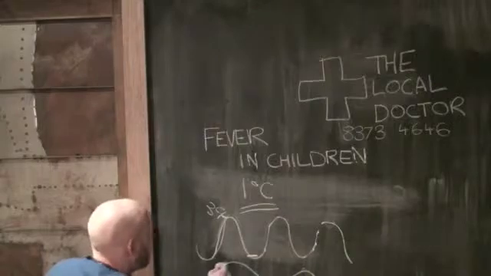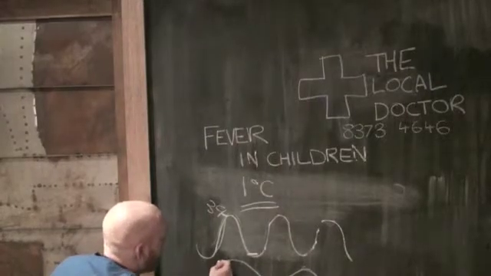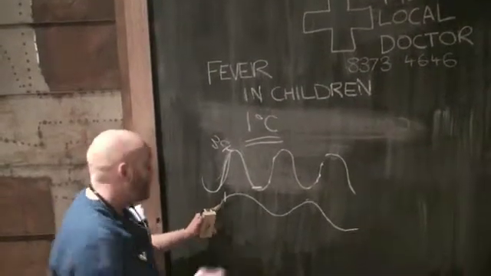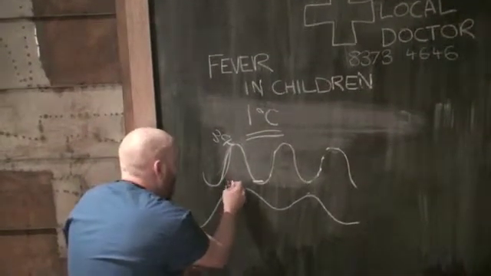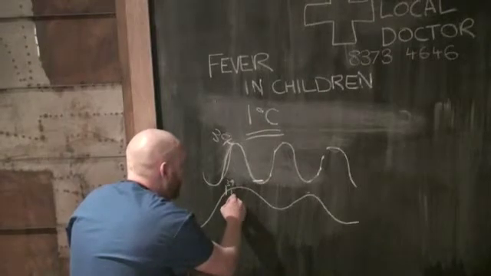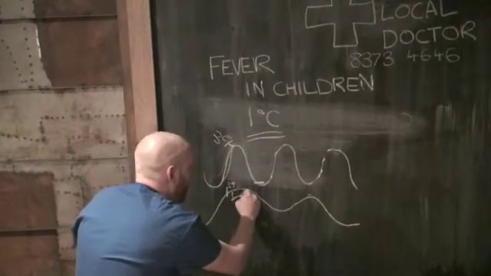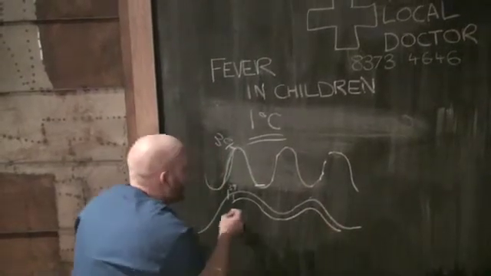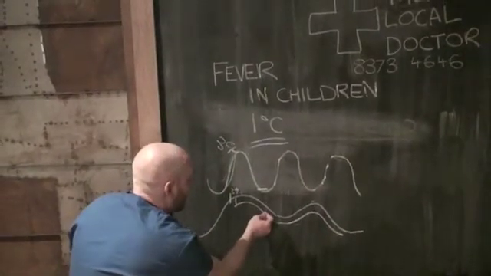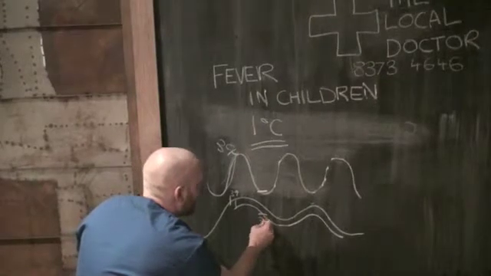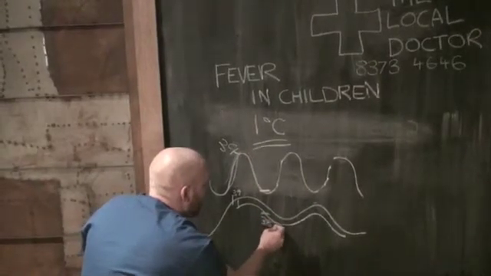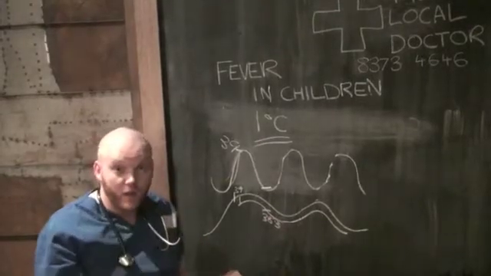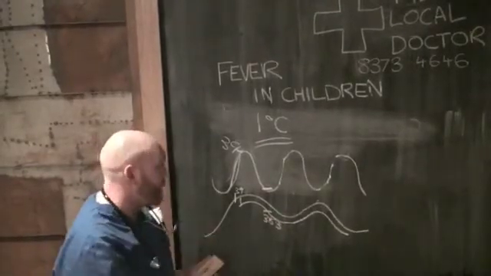So you gave the Panadol or the Nurofen here when it was at 39 degrees, and then you brought that temperature down so that the graph changed to that, so it's come down a little bit. But then when you check it later on, it's still 38.3 or something like that, and it could have been a degree higher, but there's still a fever.